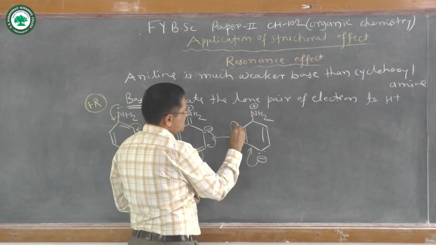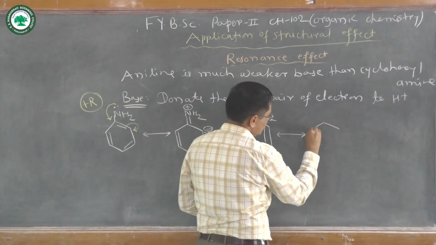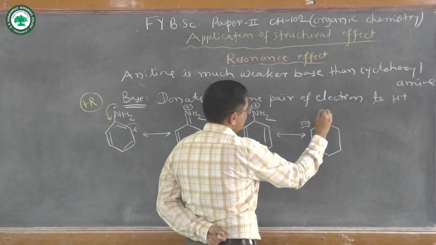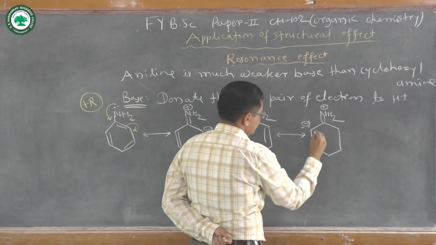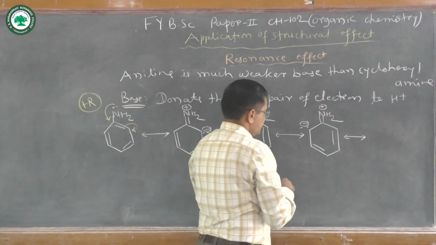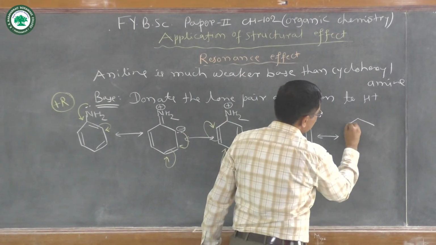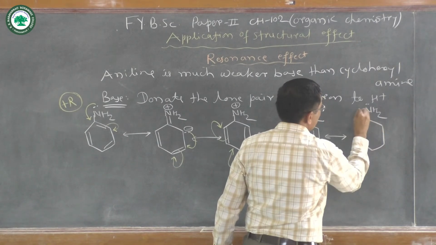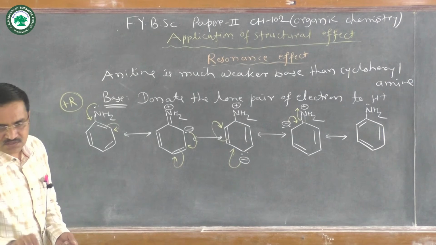Now it shows one more resonating structure, and lastly it forms the original structure. Now suppose we give a number to these different structures.